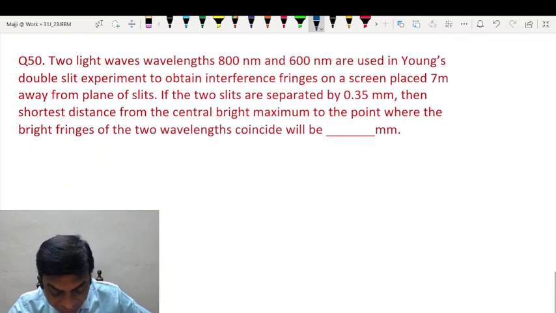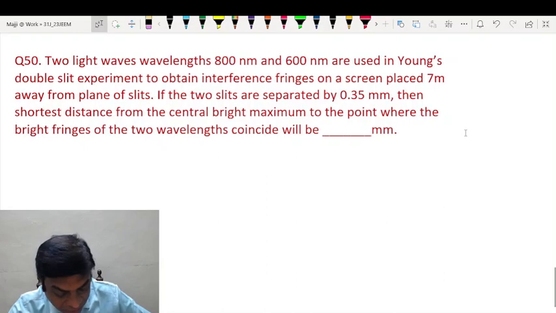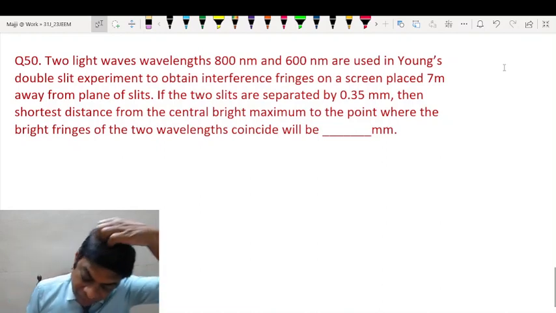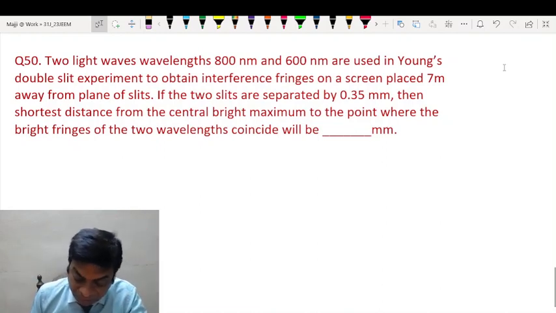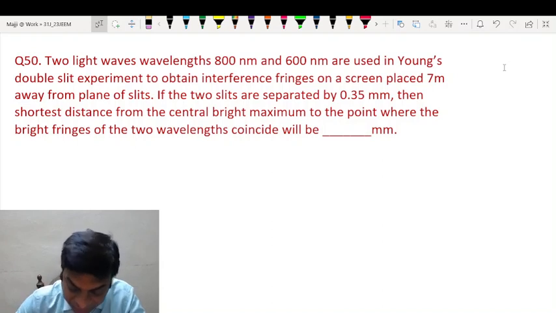Then two light waves of wavelength this much are used in Young's double slit experiment to obtain interference fringes on a screen placed 7 meters away from the plane of slits. If the two slits are separated by 0.35 mm, find the shortest distance from the central bright maximum to the point where the bright fringes of two wavelengths coincide.